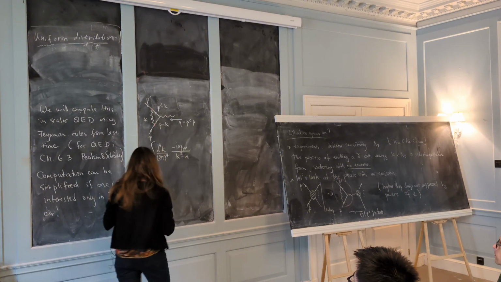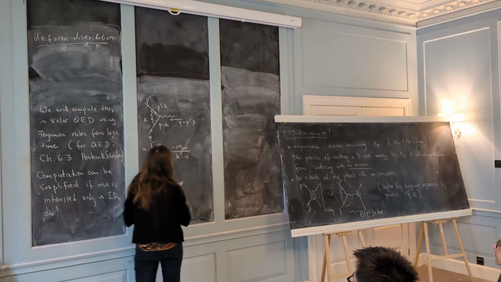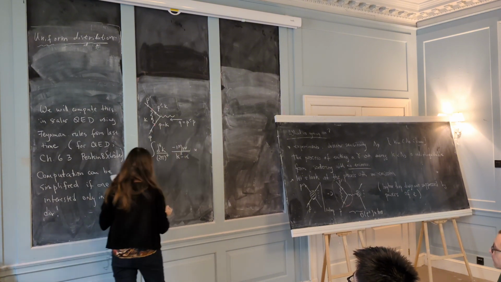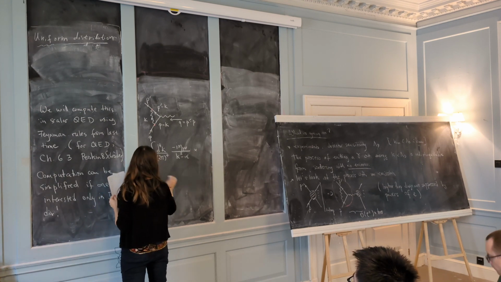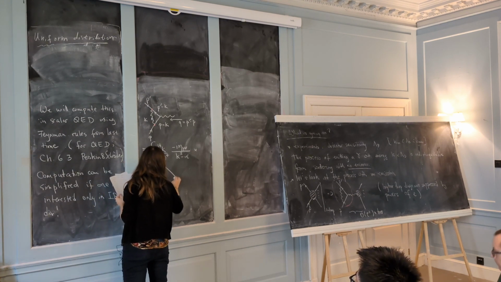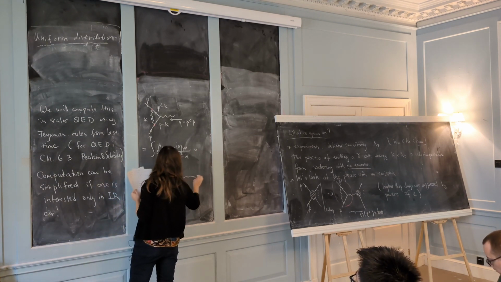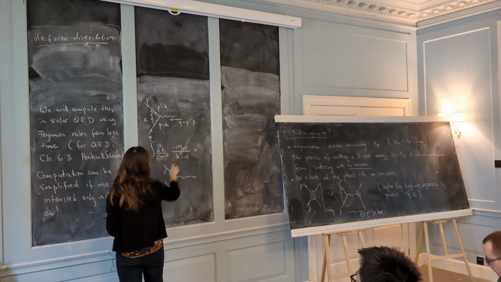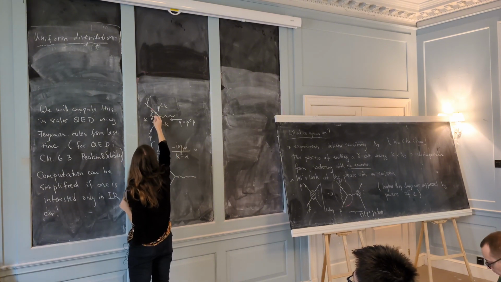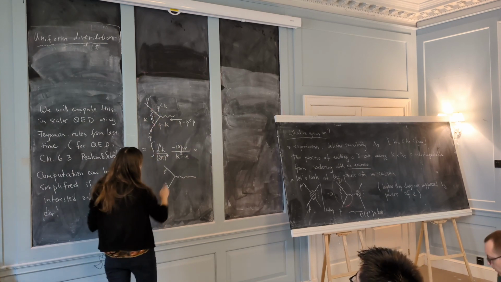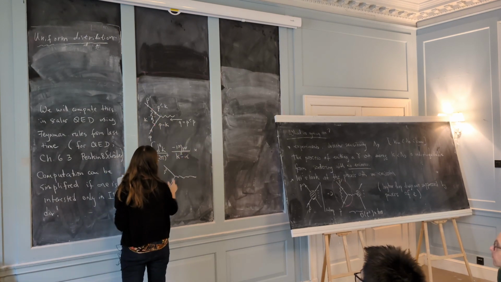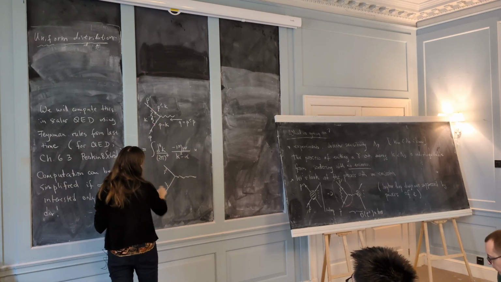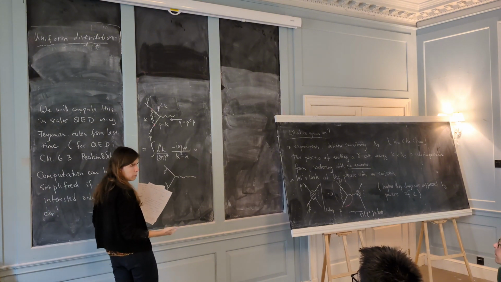And for the rest, for now, let me just draw a picture. The remaining picture, I'm going to see in a moment that it's suggestive. So we have something like this. I have basically cut this diagram into a piece that involves the propagator, and this diagram where we basically have two off-shell emissions.